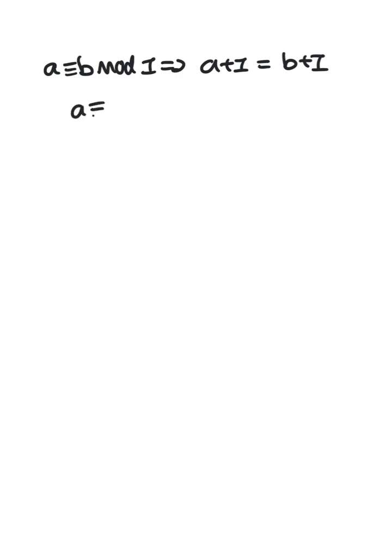Now, because it's an if and only if, we'll show the other direction, that if A is congruent to B modulo I, that implies that A plus I is equal to B plus I, or the two cosets are equal. For this, we are going to recall that A congruent to B modulo I implies that A minus B is in I, and use that fact.